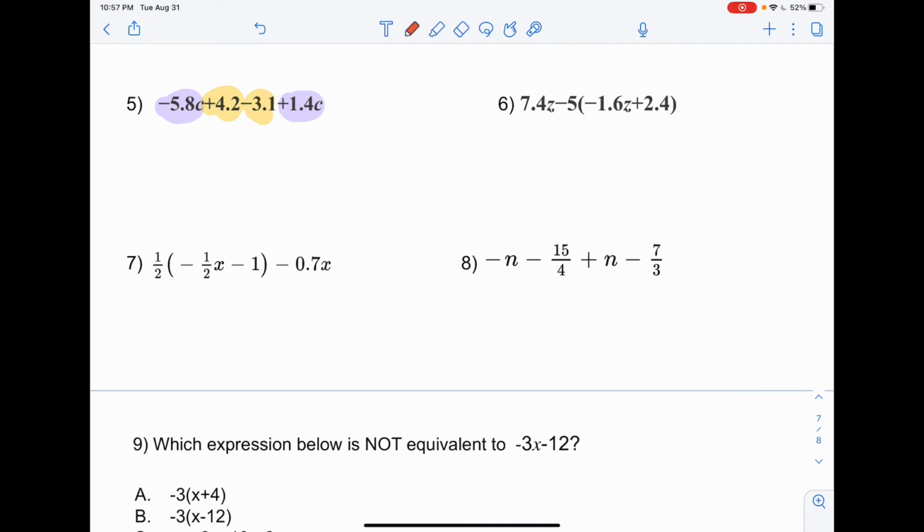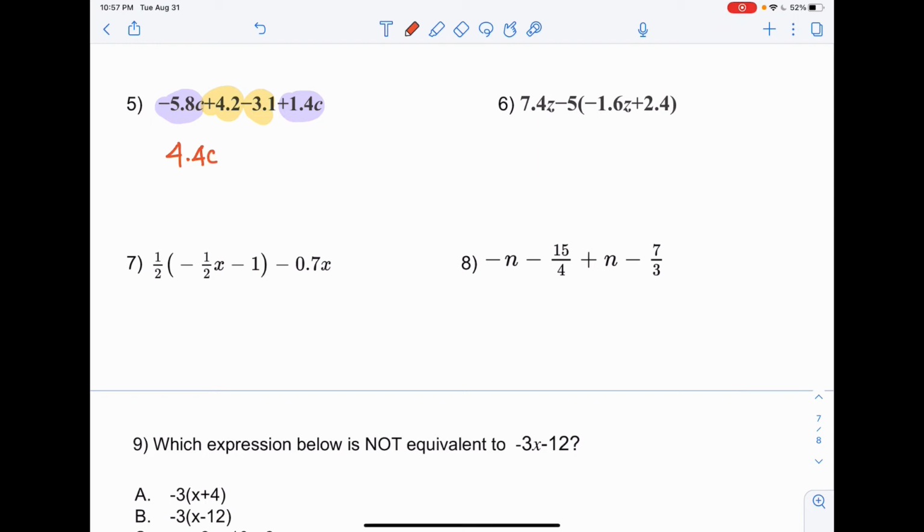Okay, let's combine them. Negative 5.8c plus 1.4c, since one is negative, one is positive, we subtract, and then as an absolute value, we take the bigger one's sign. So if you subtract 5.8 and 1.4, you will get 4.4c.